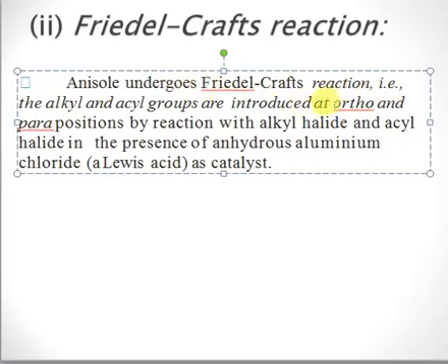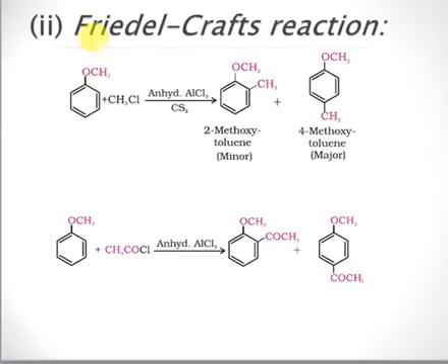Since the methoxy group is ortho para directing, the alkyl group or acyl group is added at the ortho or para position. This reaction takes place in the presence of a Lewis acid as a catalyst, and the best catalyst for this is anhydrous aluminum chloride. Let's see the examples.